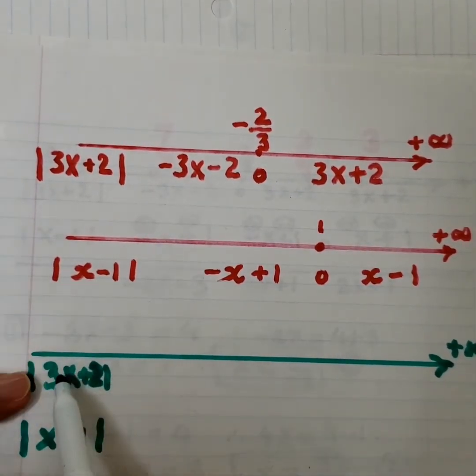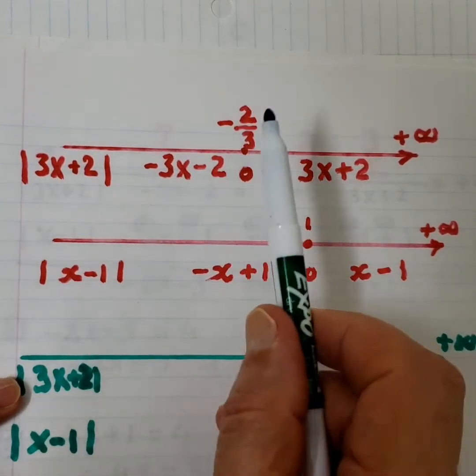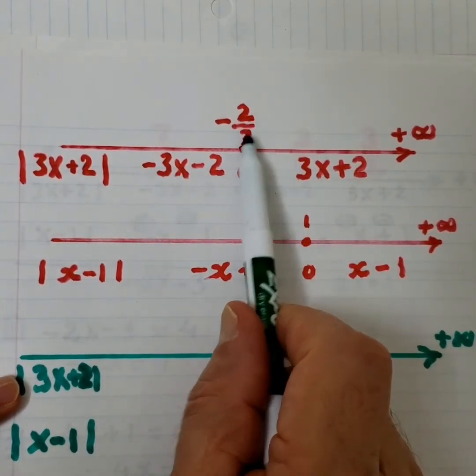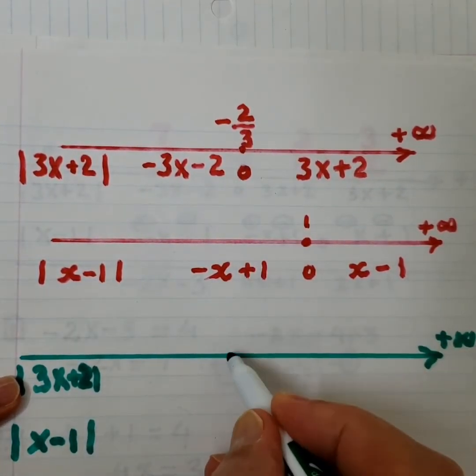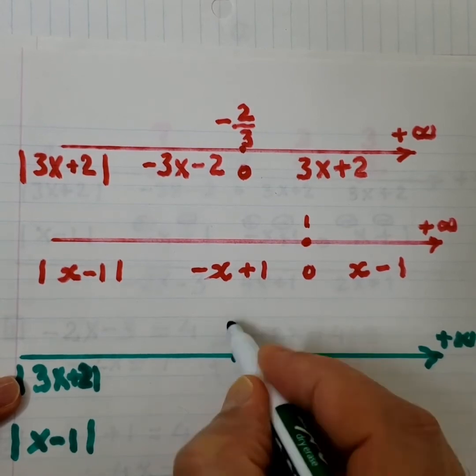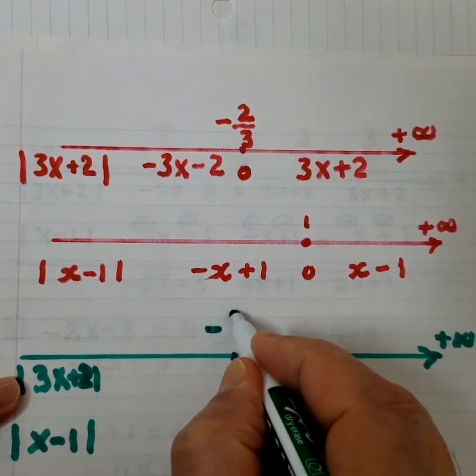The first absolute value had its 0 at negative 2 over 3. Consider it like here, negative 2 over 3.